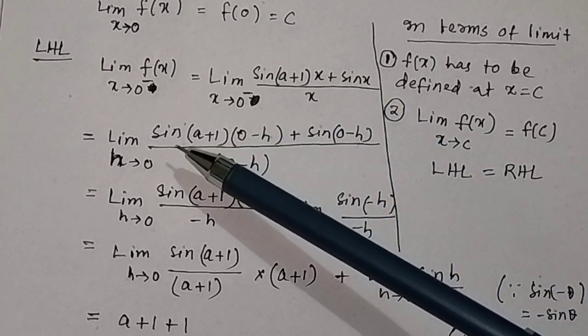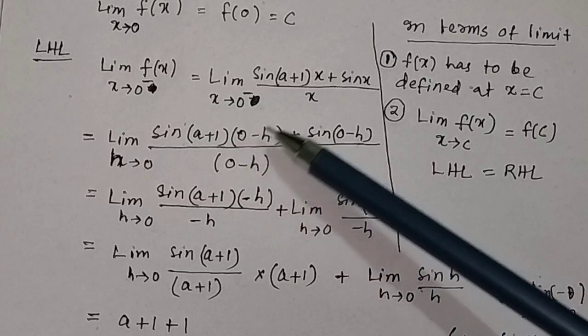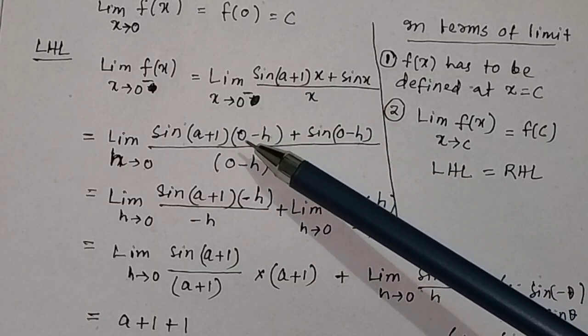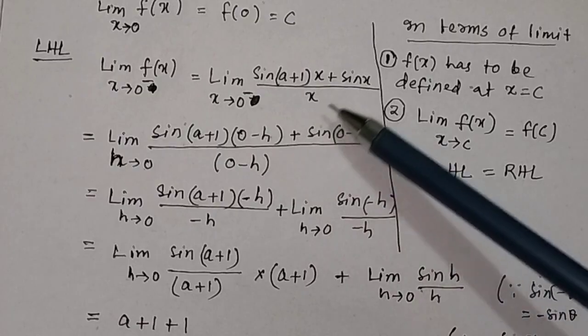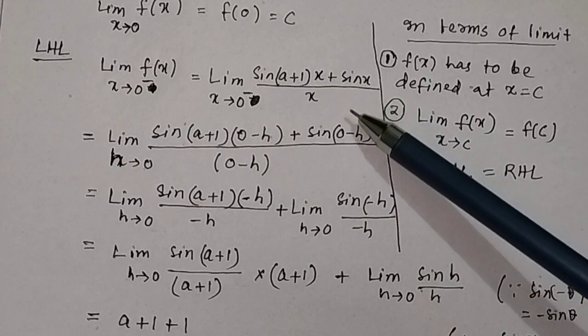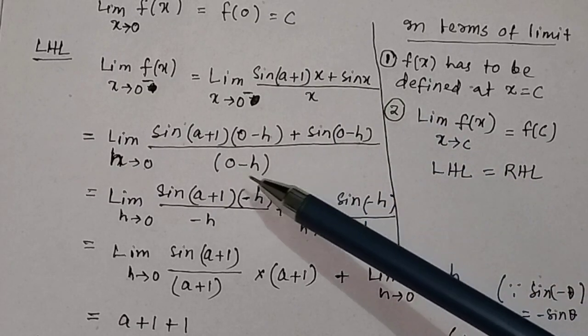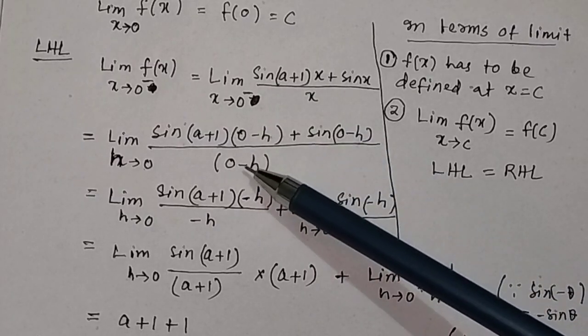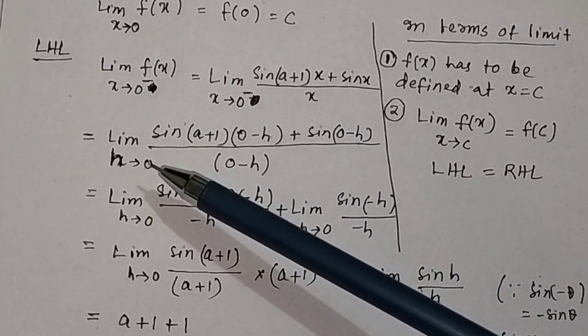So the function will be equal to sin((a+1)(0 − h)) + sin(0 − h), divided by 0 minus h, as h approaches 0.